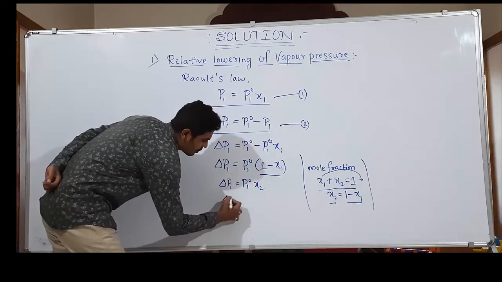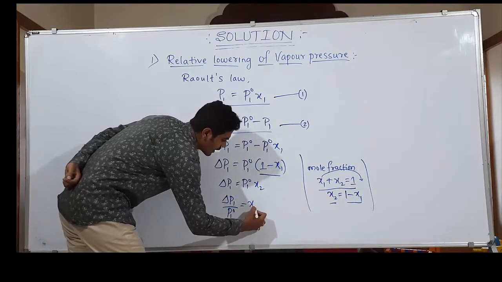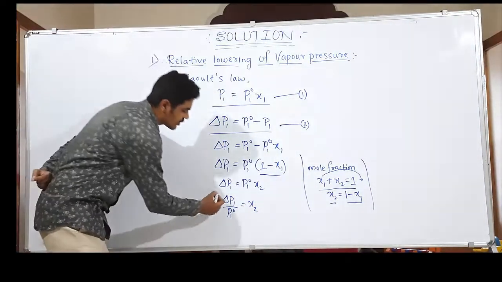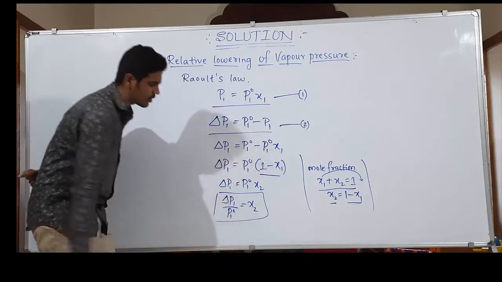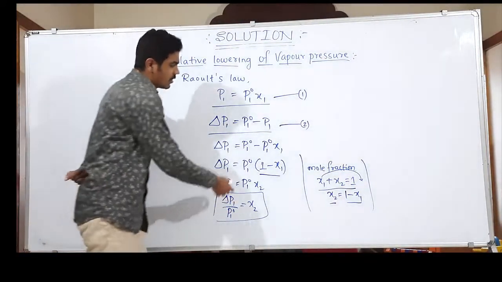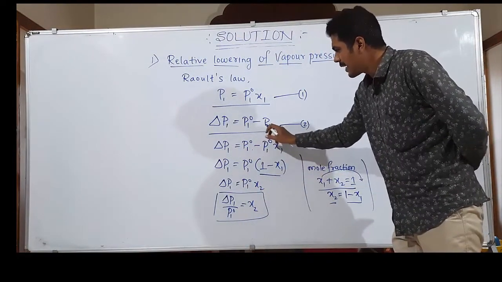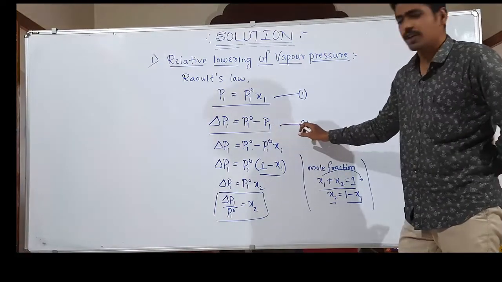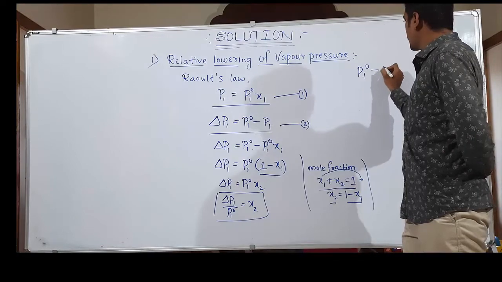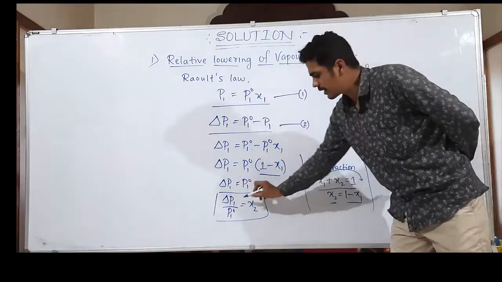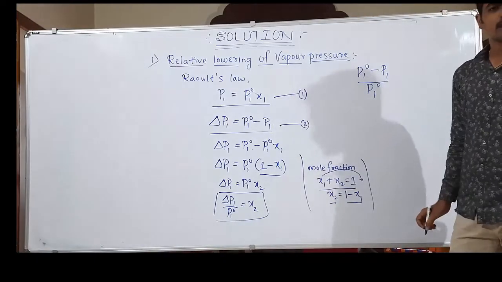Now, delta P1 divided by P1 naught is equal to X2. I have rearranged this equation. And delta P1 means what? From equation 2, delta P1 is equal to P1 naught minus P1. Substitute that value and divide by P1 naught.